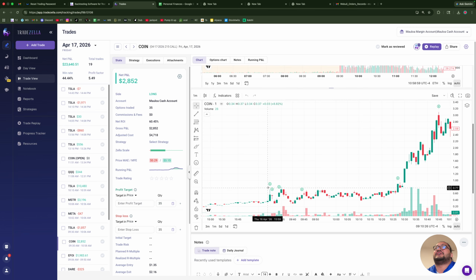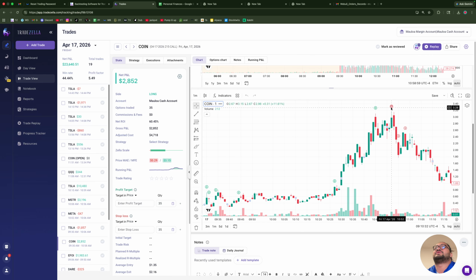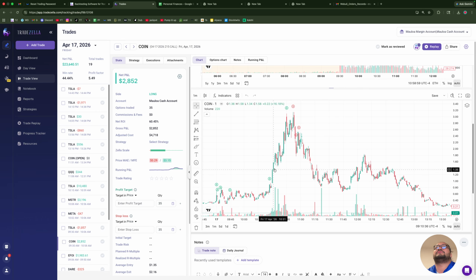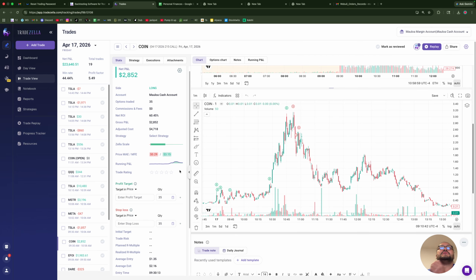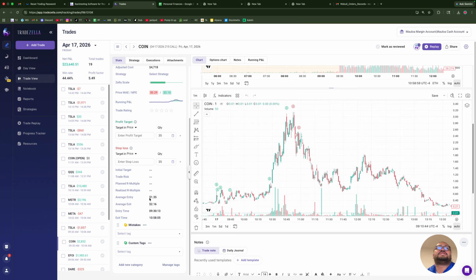Looked at the options chain, got in for about 60, and then bought some more at about 3, and then sold just kind of around this range. And that was the peak right there. That was the peak of the day. So glad I sold when I did. Average entry was $1.35, and then average exit was 216. So decent trade there. Super excited about that one.